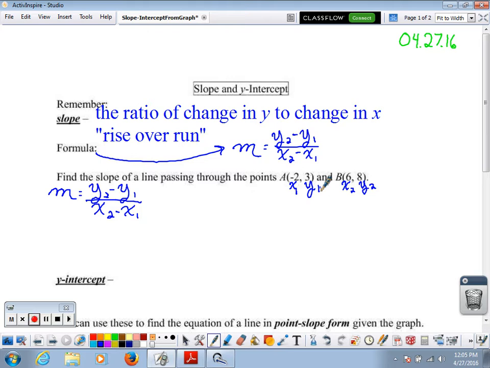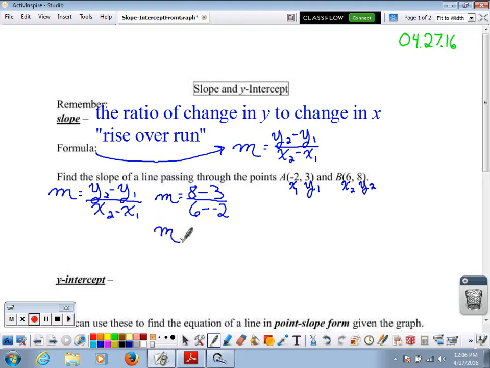So we label the points and we write the formula. Now what? We sub them into the equation. So we would have m equals my y2, which is 8, minus my y1, which is 3, over my x2, which is 6, minus my x1, which is negative 2.